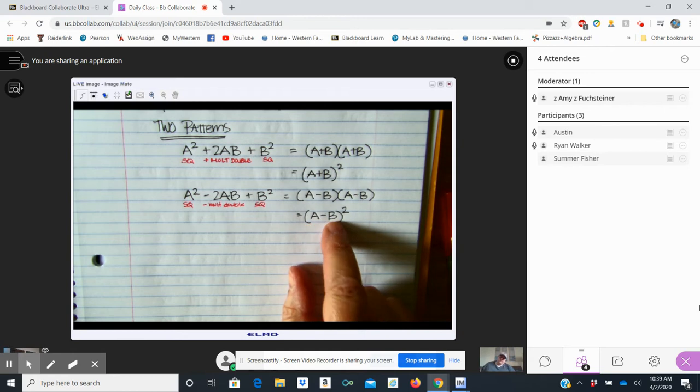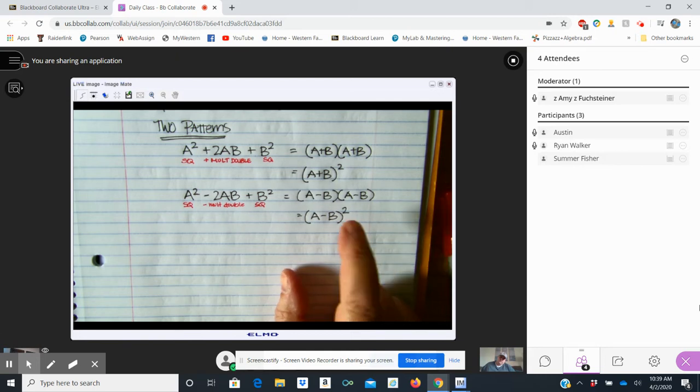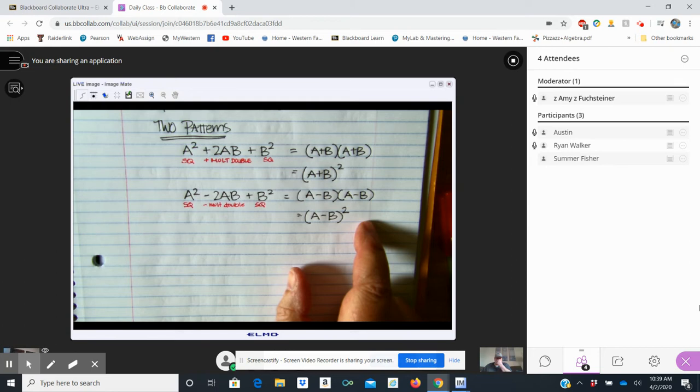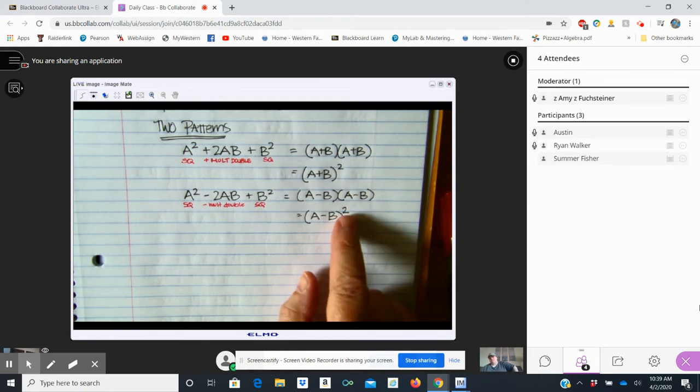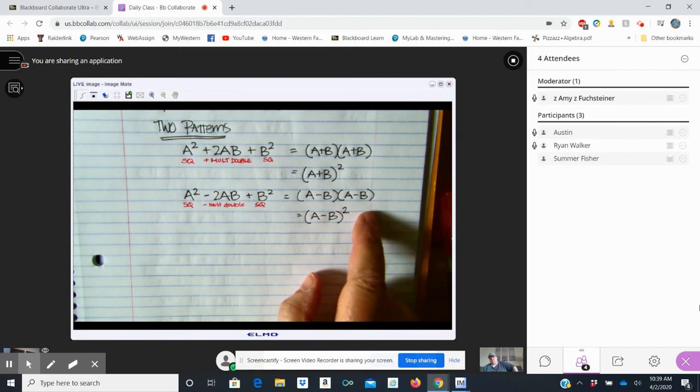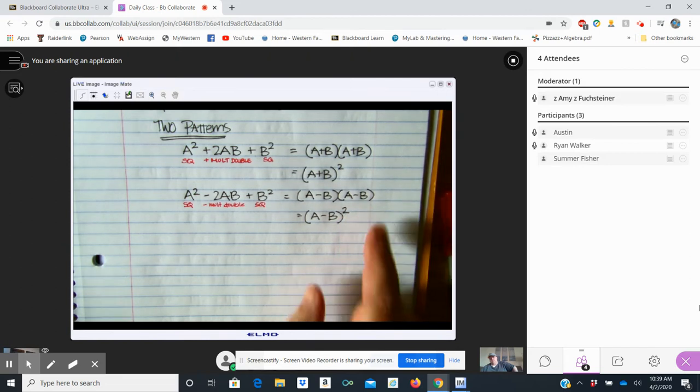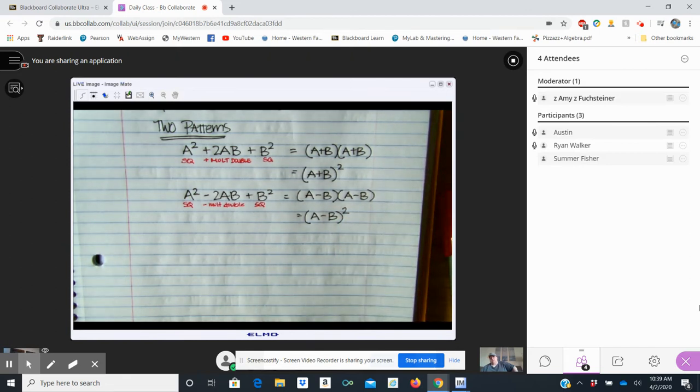What if there was a squared minus b squared, parentheses squared? Then it would be a squared minus b squared times a squared minus b squared. That squared means you're writing the parentheses twice, not distributing.